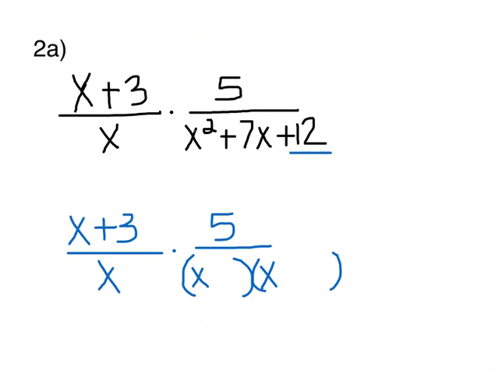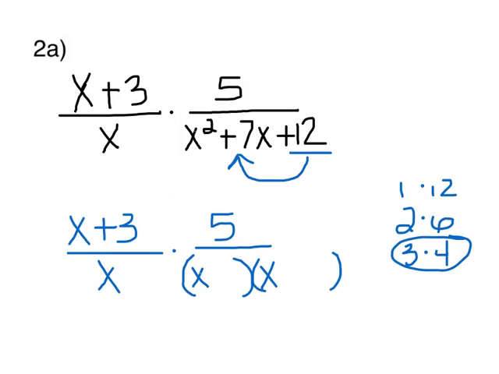We're looking at the factors of 12 that add to give us a positive 7. The factors of 12 are 2 and 6, 1 and 12, or 3 and 4. We're looking for the ones that add to 7, which would be a positive 3 and a positive 4.